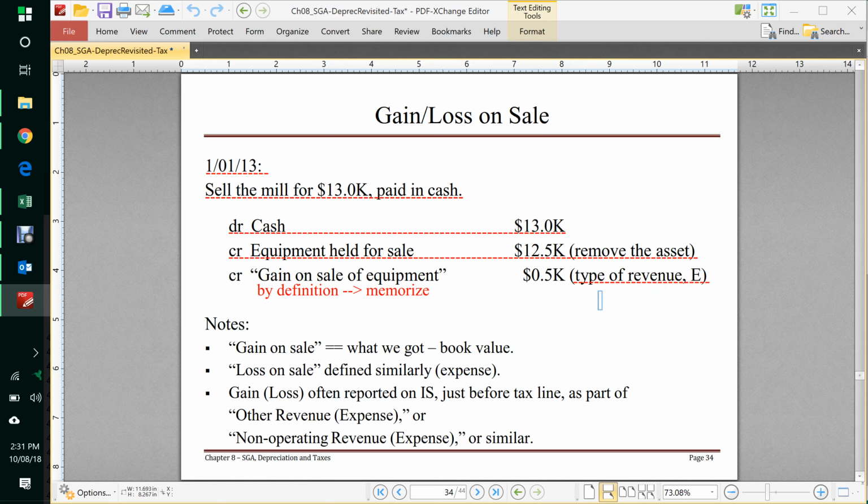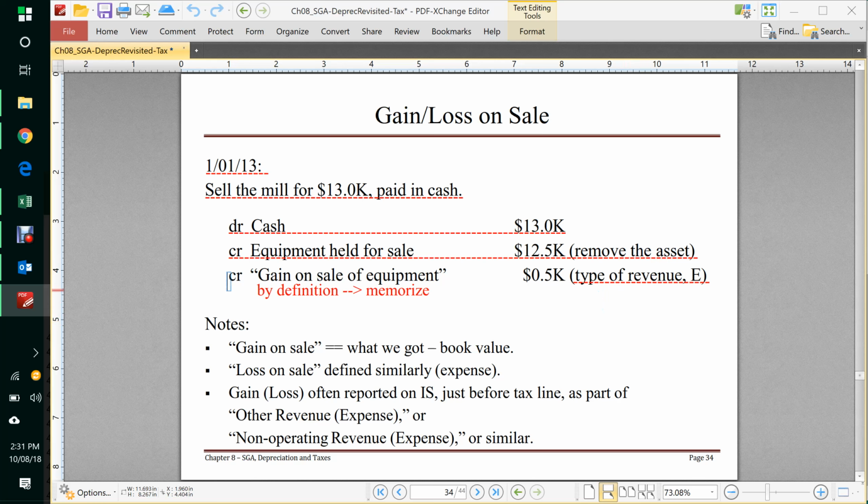Remember, we said revenue and expenses were due to day-to-day operating stuff. Well, definitely selling used equipment that they can't use in their shop anymore is not part of their day-to-day business. So this is, of course, one of our infamous exceptions in accounting. This is an exception to the rule that revenue and expenses are only for normal day-to-day operations.